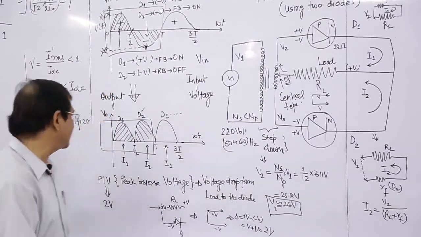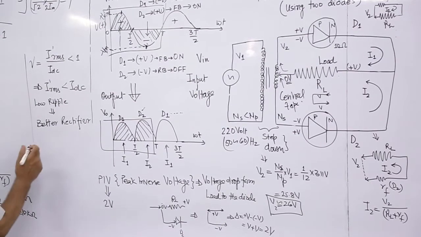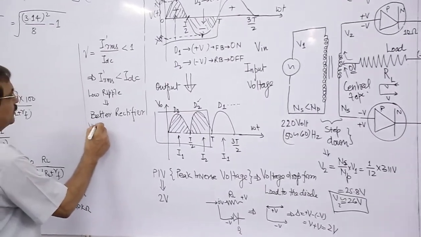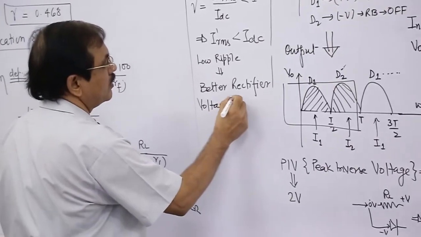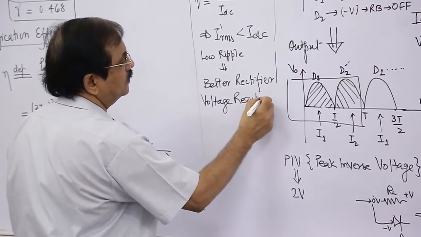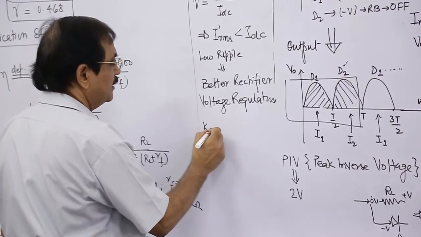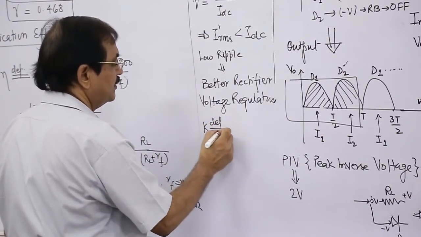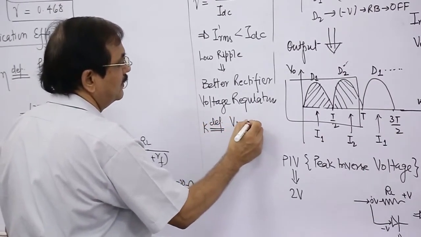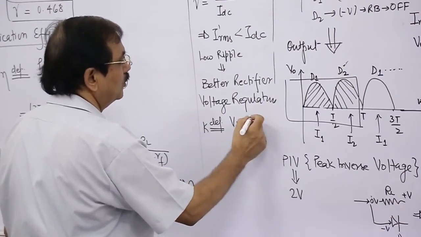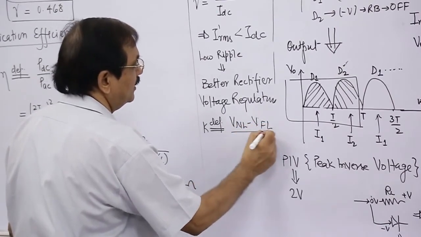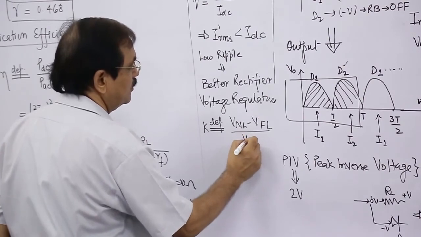How will this voltage regulation change? The voltage regulation K is defined as V no load minus V full load, upon V full load.